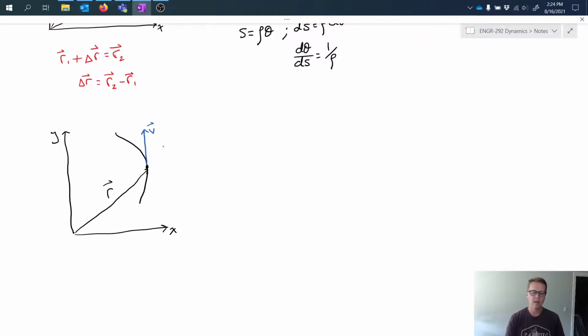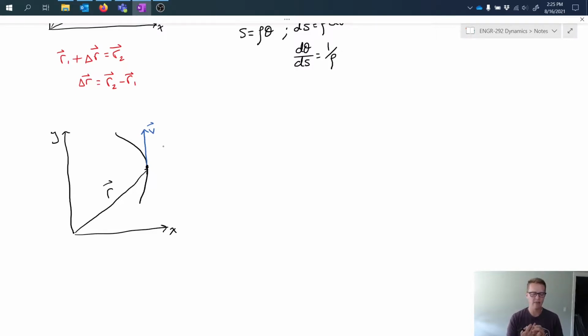Now, if acceleration means rate of change of velocity, then I could change my acceleration by doing one of two things. I could change the speed of my particle, or I could change the direction that it's traveling. And both of those things would create a change in acceleration.